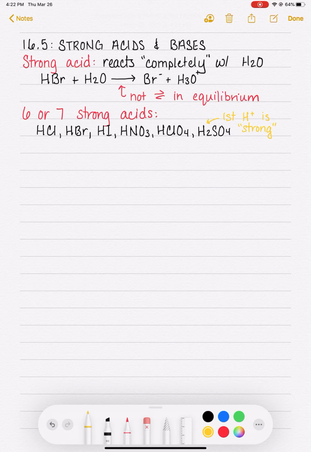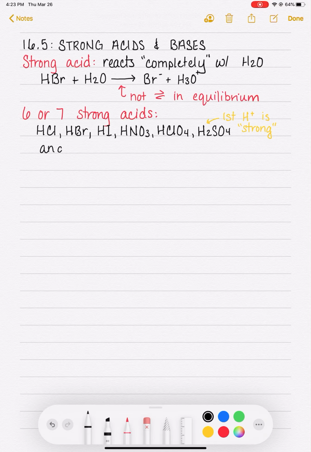So the first loss of H plus is a complete total reaction, but the second H plus that gets removed is not a strong acid and not a total reaction. And then, so that's 6, and all chemists agree that all 6 of these are strong.